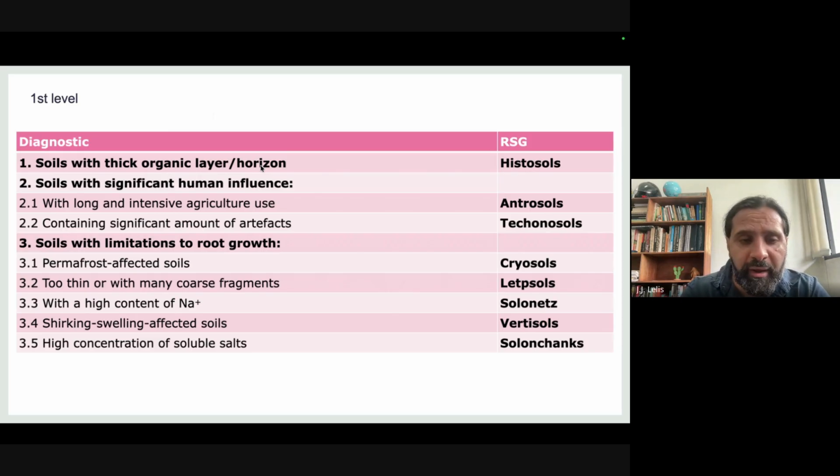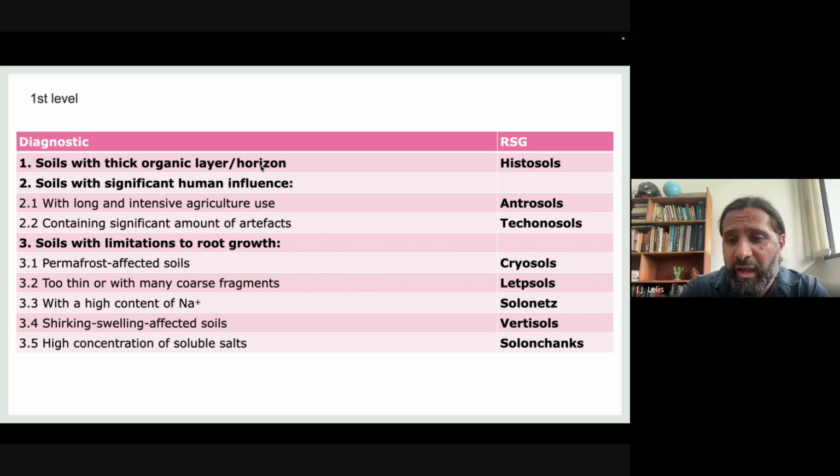Soils that express some layers or some sections that prevent root growing. So we have the soils affected by permafrost that we call cryosols. So soils that register very low temperatures and then the formation of permafrost. And because of permafrost, roots and water cannot migrate to deeper horizons.